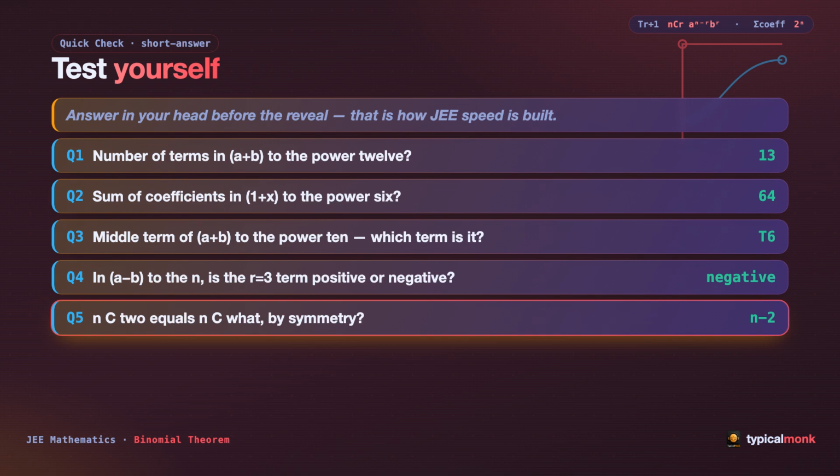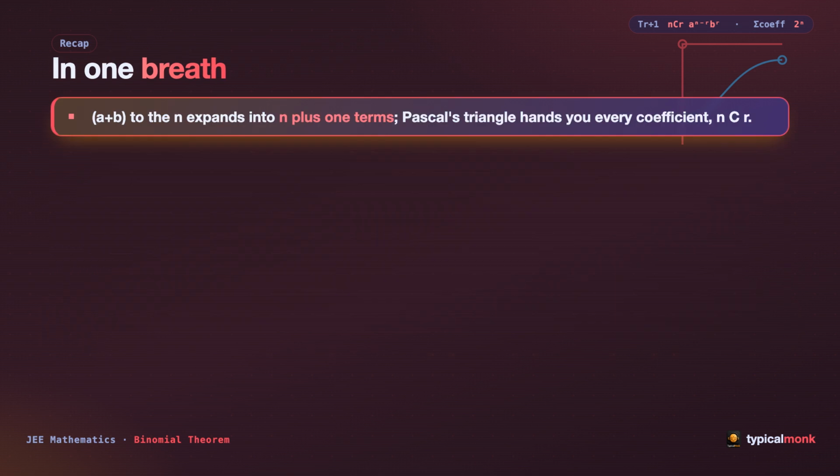And question 5. By symmetry, nC2 equals nC what? nC(n minus 2). If you caught all 5, you have truly understood today's class. Let us gather the whole class in one slow breath. (a plus b) raised to the n expands into n plus 1 terms, and Pascal's triangle hands you every coefficient, nCr, without any extra work.